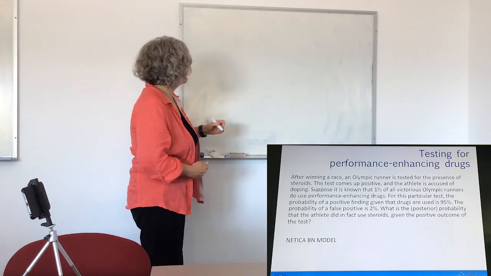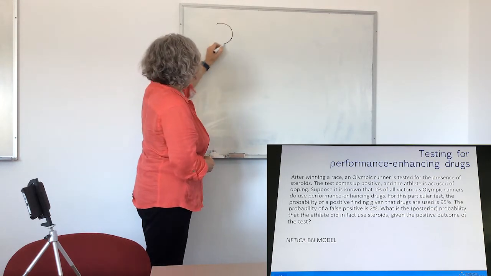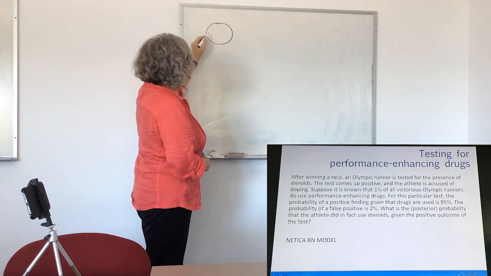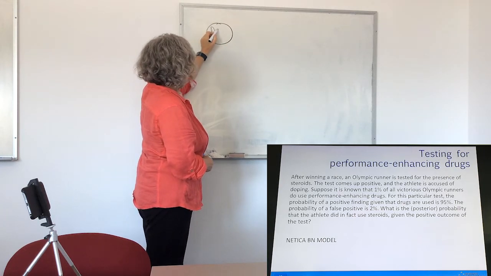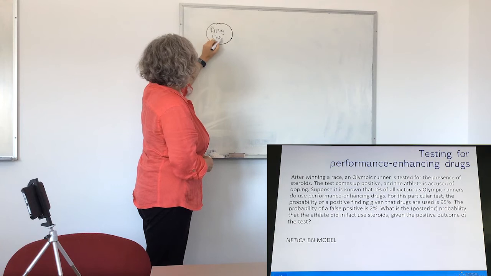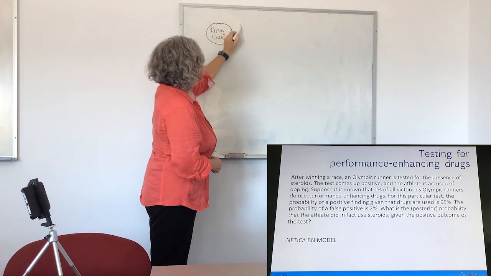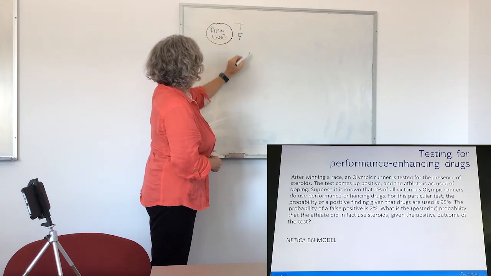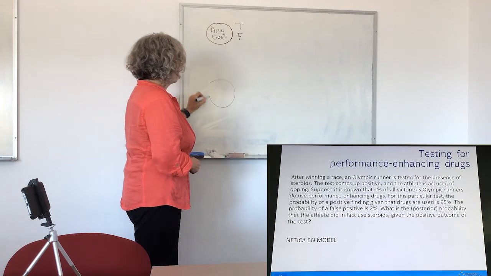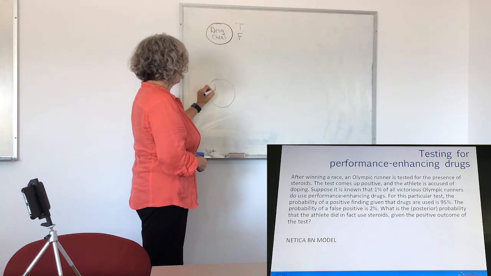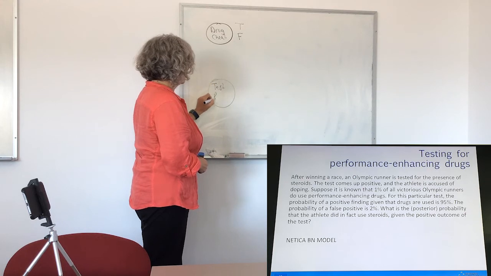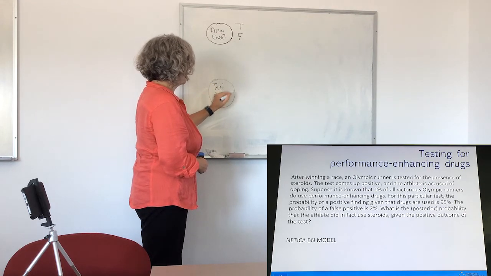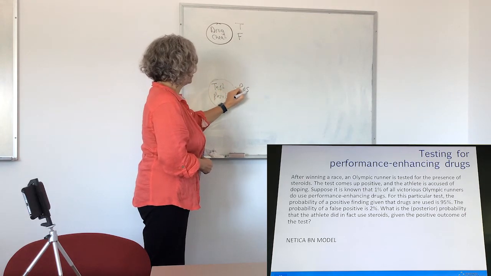So there's two variables, and I'm just going to draw here one variable, which is drug cheat, and that's either true or false. And then I've got test result, and that can either be positive or negative, these are both binary.